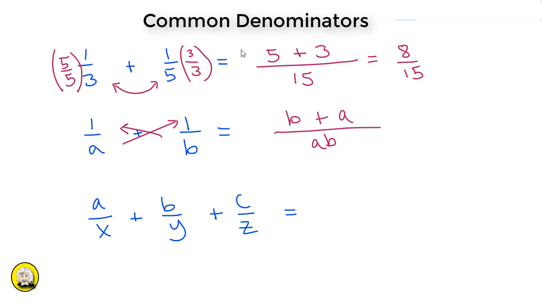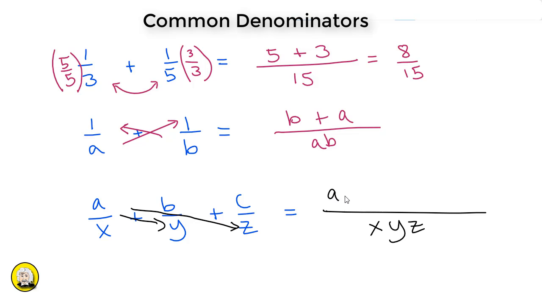So what procedure can we follow in general? If we had three different fractions of form a over x, b over y, c over z, we again would take the product of all the denominators, x times y times z in this case, and for the a term to adjust that fraction, we would multiply by the other two denominators.